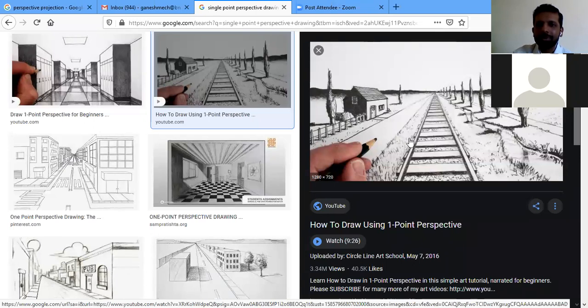If we have a railway track, the distance between the two tracks gradually decreases and merges at one point. Similarly, the boundary of this is also going to merge at the same point. If we have any mountainous region, that too is going to merge at one single point. We have trees over here, and all of that is diminishing as it goes away from the observer.